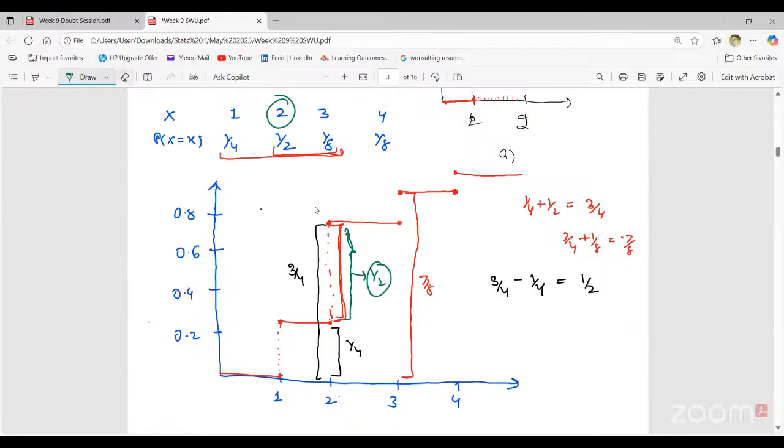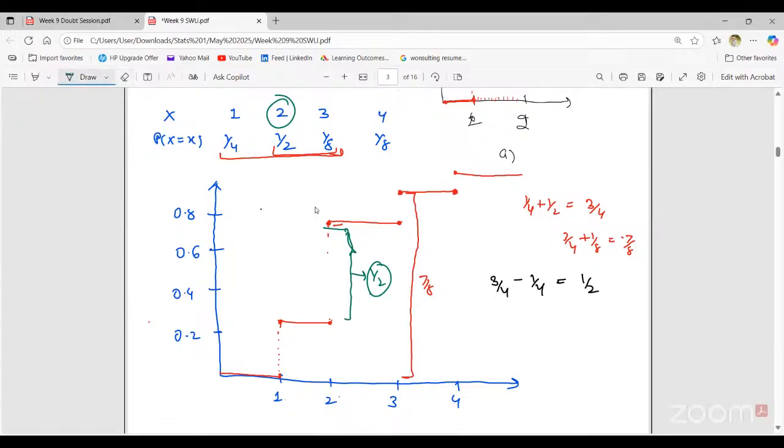Now you got the point? Yes, ma'am. So this distance is the actual PMF for x equals 2.